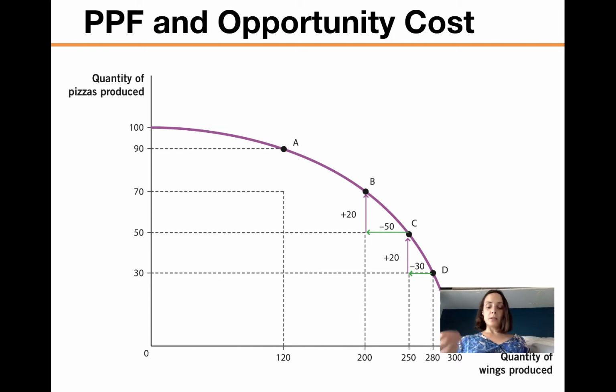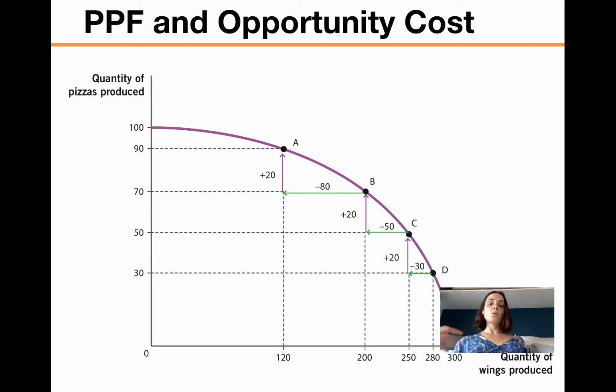And let's do this one more time. So moving from point B to A, where we are producing 20 additional units of pizza, this time we're going to have to give up 80 units of wings. So what we're observing here is the principle of increasing opportunity cost.